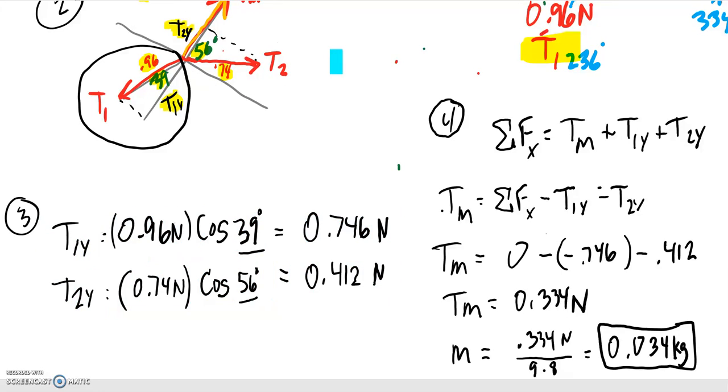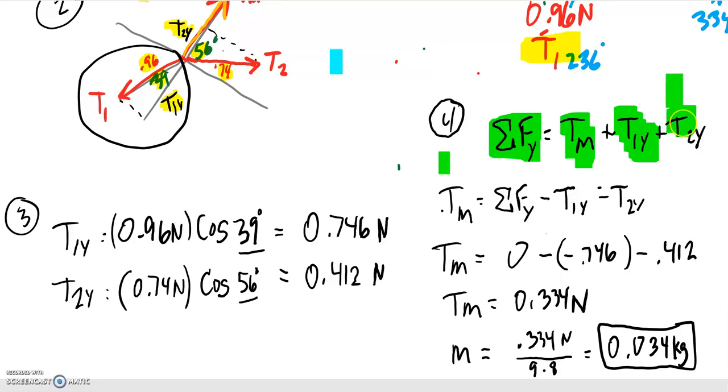And the last step is to do a net force equation, and I'm working with the y-axis, and I know all those forces are in equilibrium. They should sum to 0. On the y-axis, I have the mystery tension, I have the y component of tension 1 and the y component of tension 2.